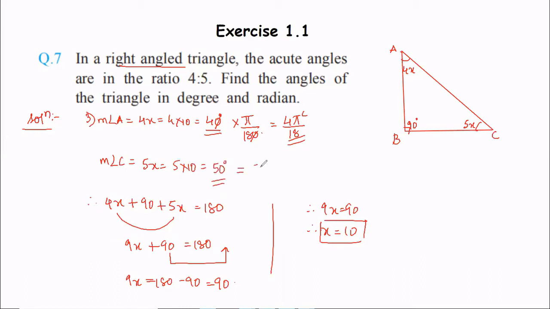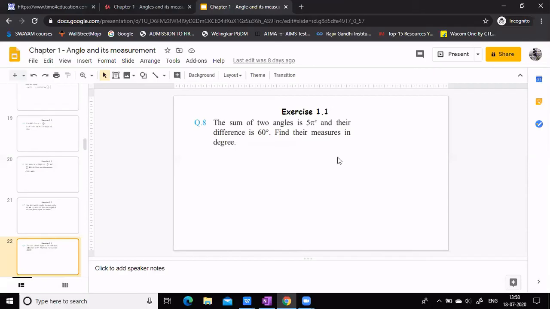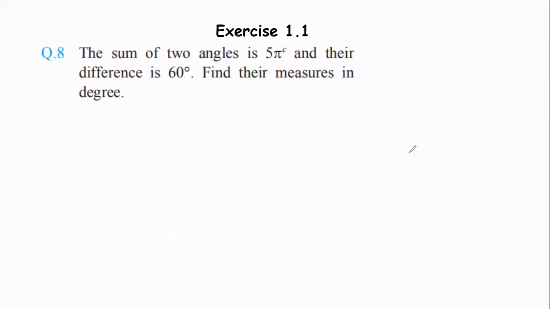And we will convert this to radian as well. 50 into pi by 180, cancelled, we have 5 pi radian by 18 as the answer. So this is in terms of degrees, and this is in terms of radians. So we have completed question number 7. Moving to question number 8. All right, we will be starting with example 8.